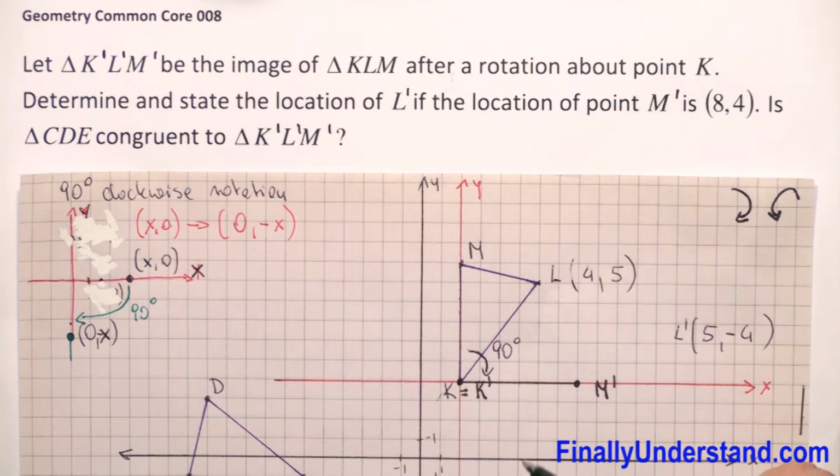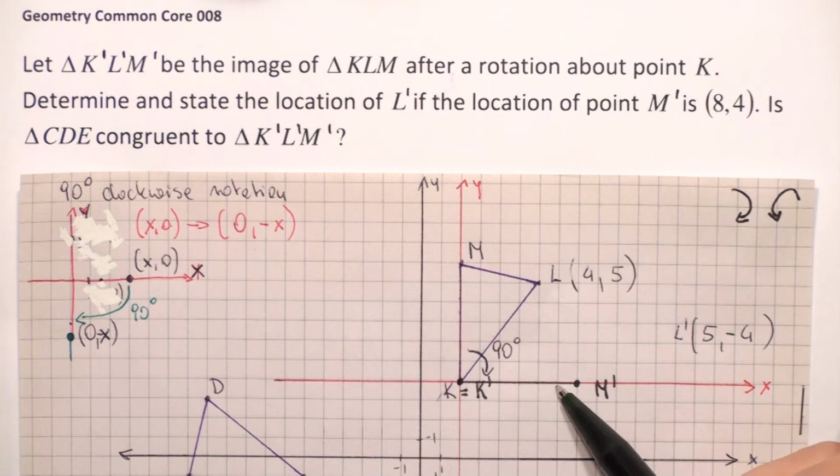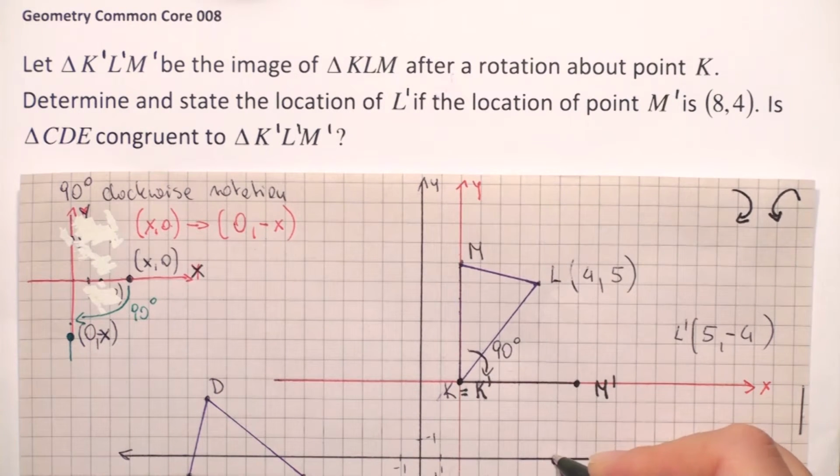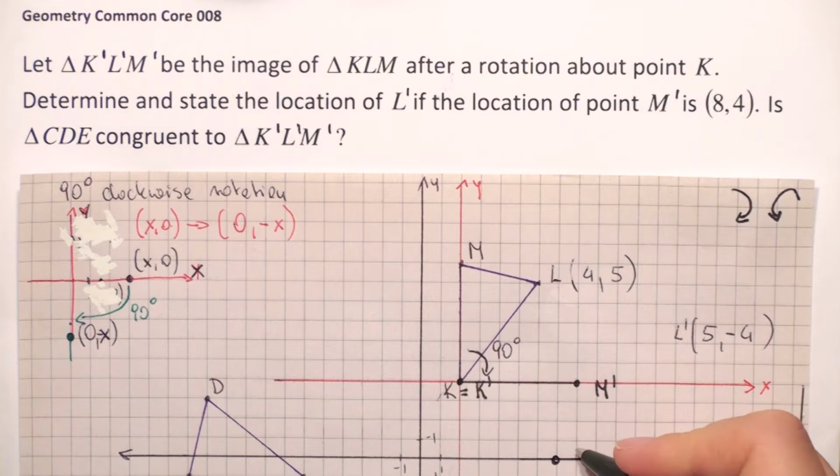So our L prime will have coordinates 5, negative 4. We go 5 units right and down 4 units: 1, 2, 3, 4. So this is our point L prime.